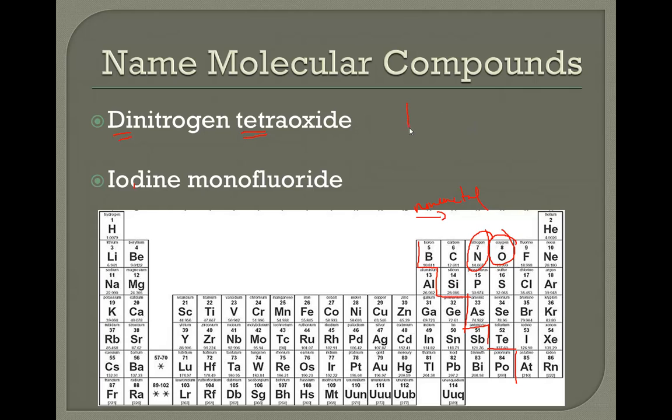So nitrogen, di is 2. Oxide is oxygen, and tetra is 4. No reducing, that's it. That's the bottom line. Iodine is here. Fluoride is here. They're both nonmetals. When it's mono for the first element, you don't say it. You just automatically assume it's 1. Fluoride, mono, is 1.